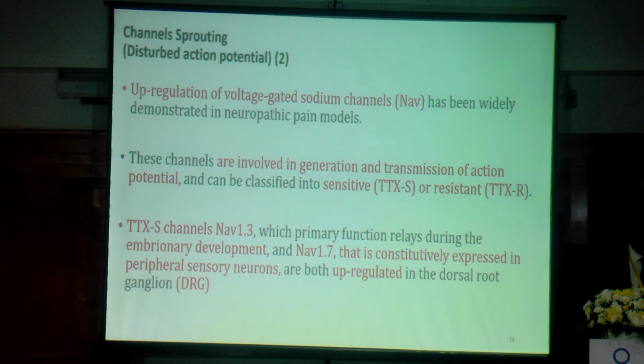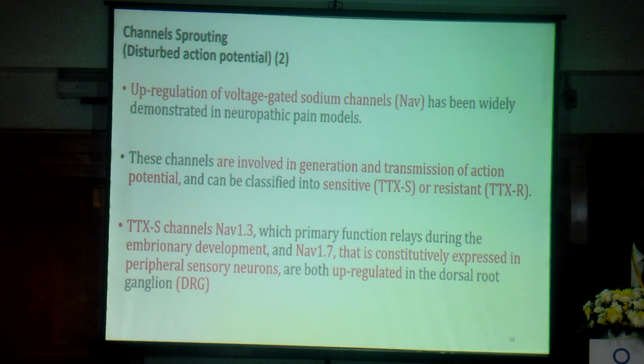How does this occur? There is an upregulation of the voltage-gated sodium channels, which we call NaV. These channels are involved in the generation and transmission of the action potential. The action potential is transmitted because they are voltage-gated sodium channels. These can be classified into sensitive and resistant types, TTX-S and TTX-R.